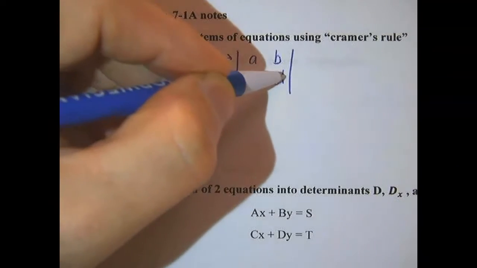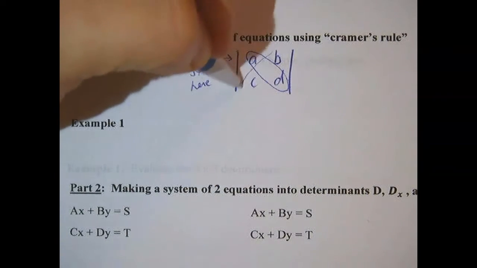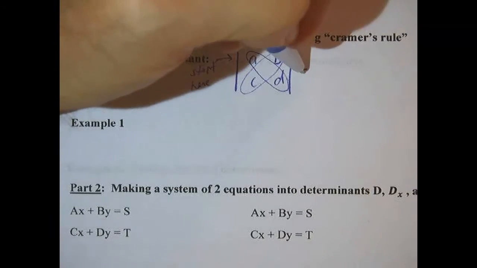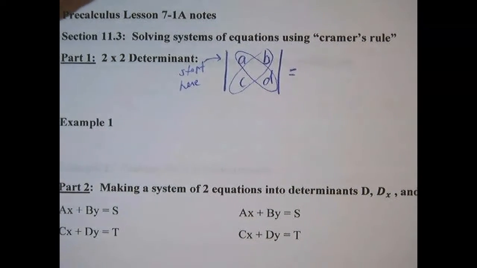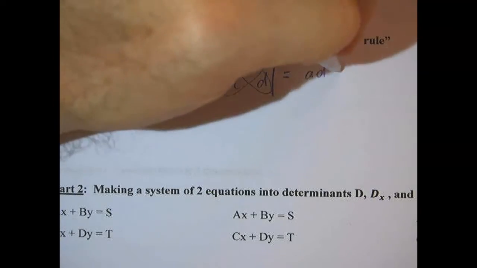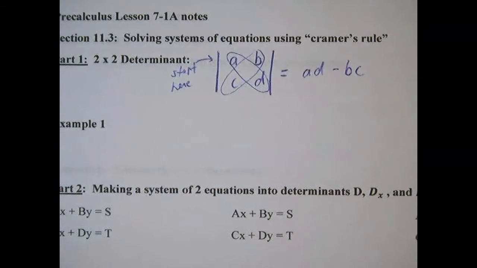What we're going to do is subtract this product minus this product. That's all there is to it. So your determinant will equal the product of A times D minus the product of B times C. That's it.